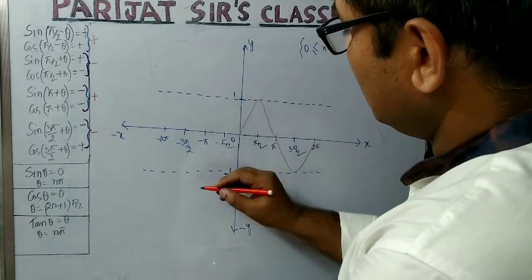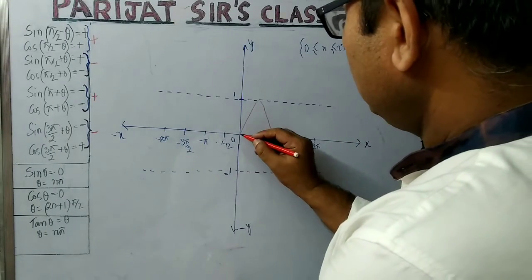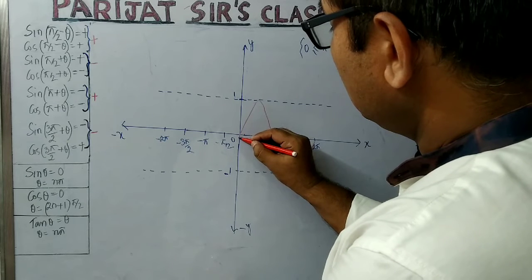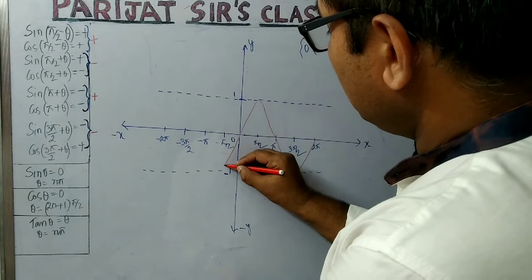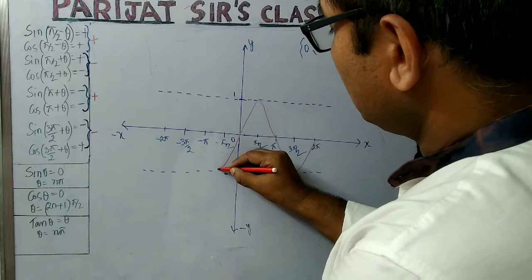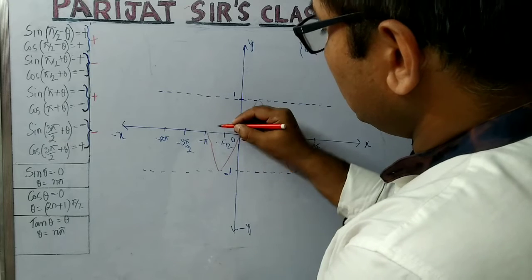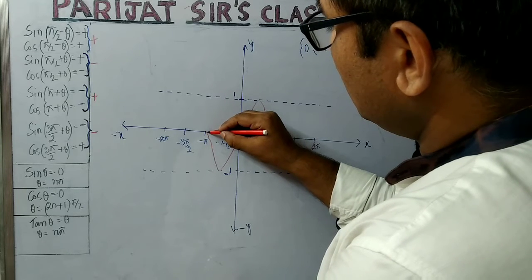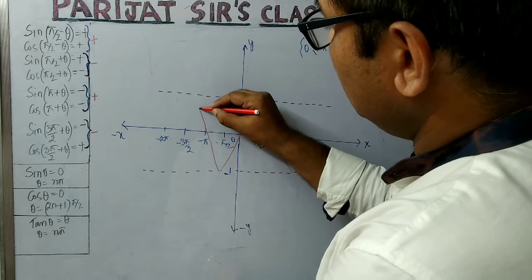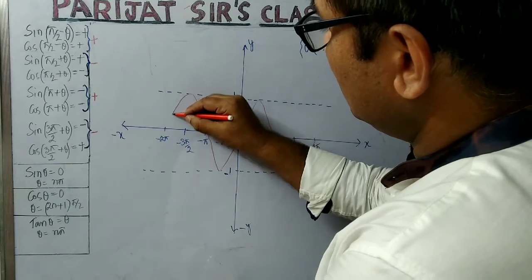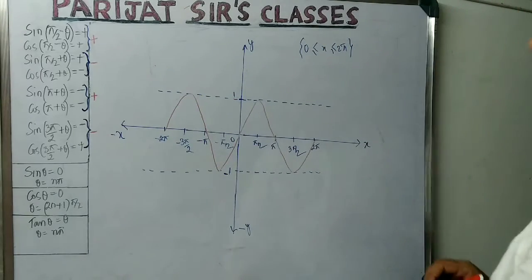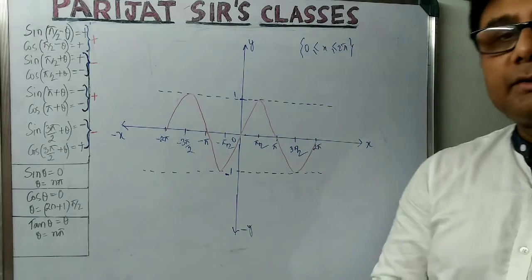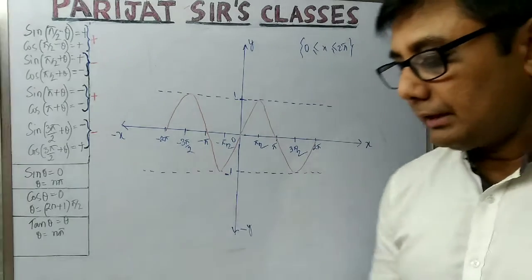At minus pi by 2, it will follow the minimum, and then at pi, it will become 0, and then at 3 pi by 2. So this is the graph of y equal to sine x.